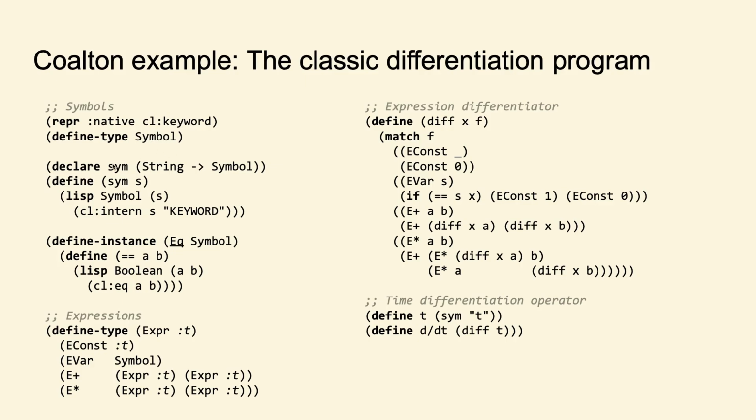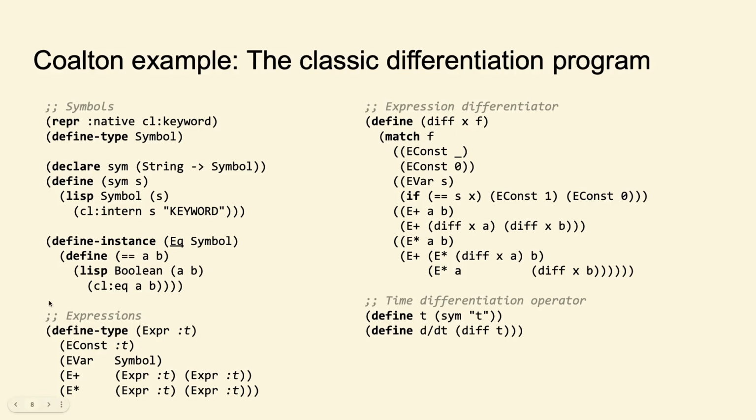We have a way to make one of these symbols with this little constructor function, sim, which will just take a string, turn it into a keyword using the Common Lisp intern function. We allow symbol to participate in the EQ type class. This is the same EQ type class from Haskell. This is saying that in order to compare symbols for equality, we need to check if they're EQ. So this first bit of code is almost like binding code. This is a way to import something from Common Lisp into Coalton.